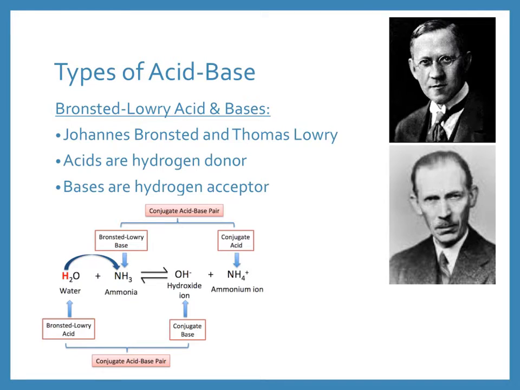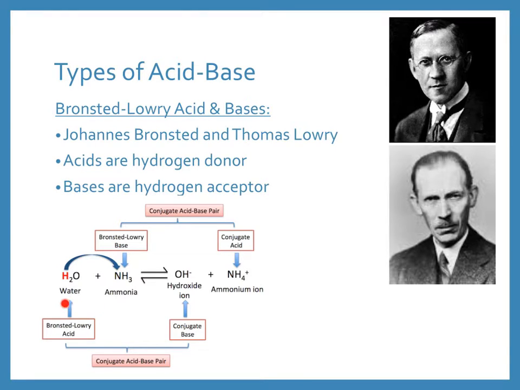You can see an example in this reaction, where water gives up its hydrogen to NH3, forming NH4, and what's left over of the water becomes the OH ion, and it's the corresponding base.